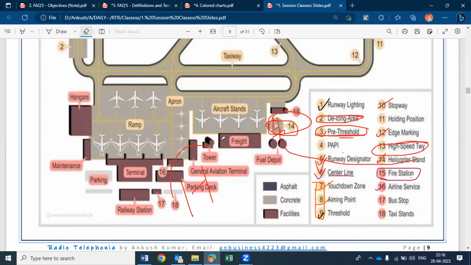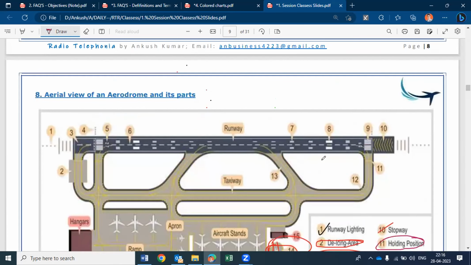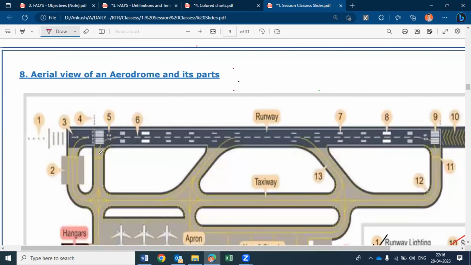Now, very important thing is holding position. This is the very frequently asked question, holding position. Holding position means the area before a runway where an aircraft shall wait and request for clearance before entering the runway.